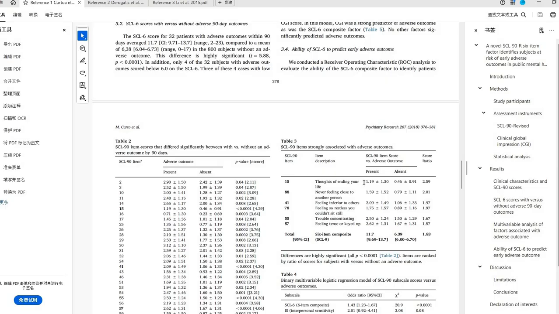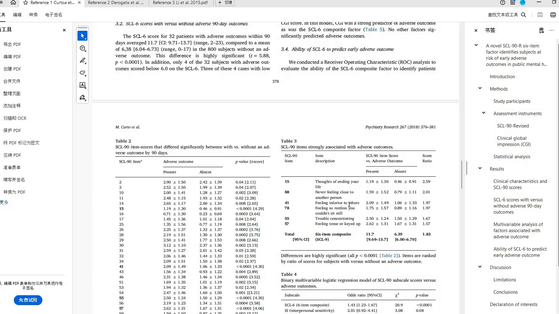The researchers found that this high-risk group differ from the lower risk group, the people without adverse outcomes, on 6 items. Item 15, thought of ending your life. Item 88, never feeling close to another person.